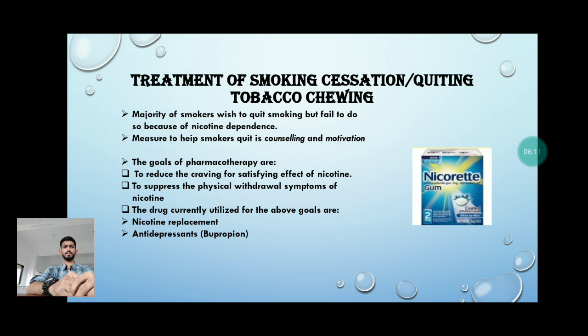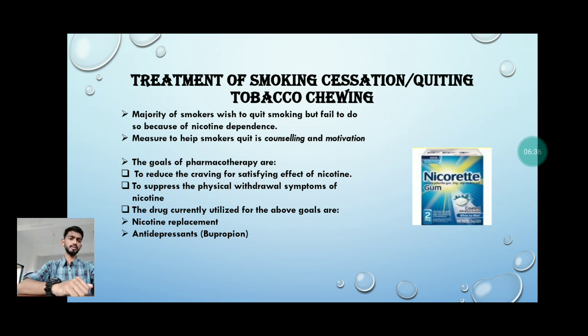In pharmacotherapy, what are the goals for cessation of smoking? To reduce the craving and satisfying effect of nicotine. Second, to suppress the physical withdrawal symptoms of nicotine. For this purpose, we use nicotine replacement agents and an antidepressant like bupropion.